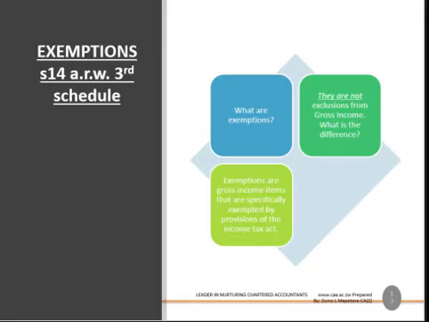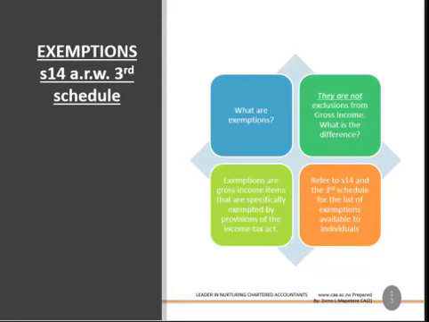We're going to exempt them and give them a reprieve, a breathing space for that income. So for individuals, we're going to have to look at section 14, which then refers us to the third schedule, where all your exemptions are listed. Please go through each of those and understand who they apply to and when they apply.